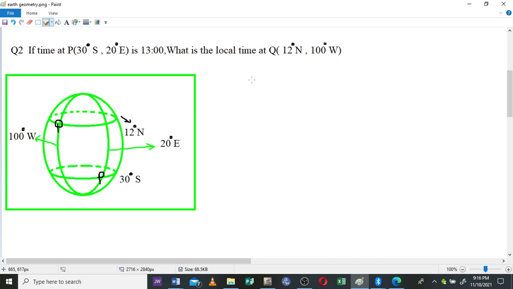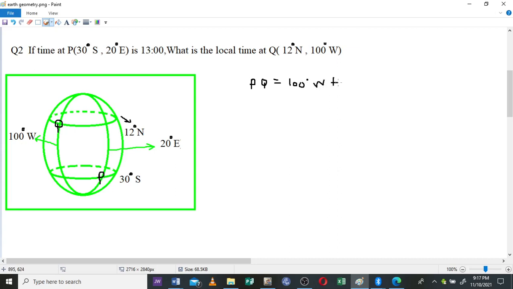The first thing we do is to find the difference in longitudes. So we have PQ, the difference between P and Q in their longitudes. We have 100 degrees west, right?